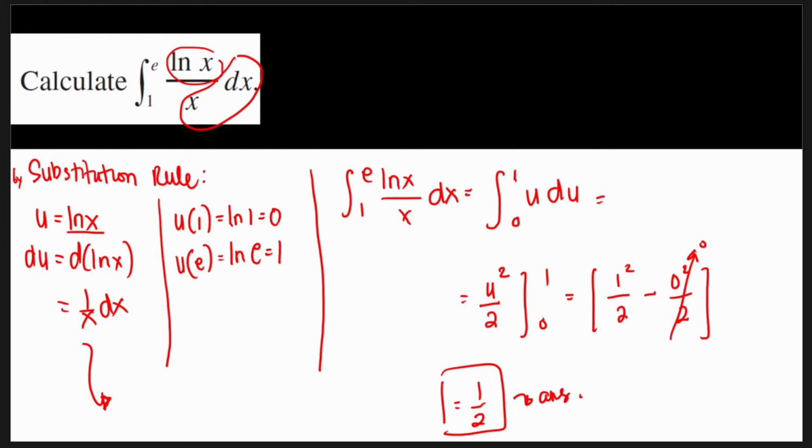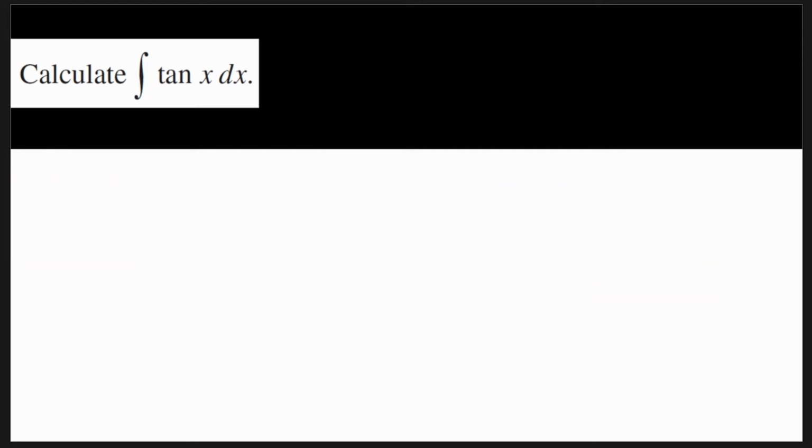So okay, for the next one, tangent x dx. So how can we solve this? So we know that in trigonometric identities, the tan x is equal to sine x all over cosine x, right?